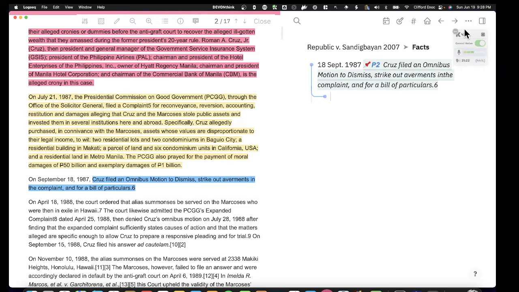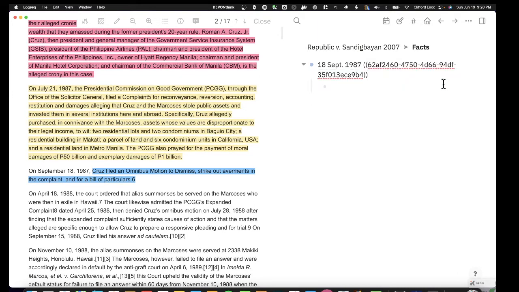Cruz filed an omnibus motion to dismiss, and then strike out allegations in the complaint, and for a bill of particulars.